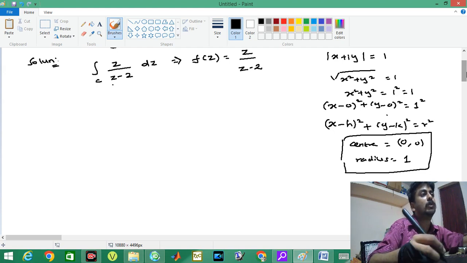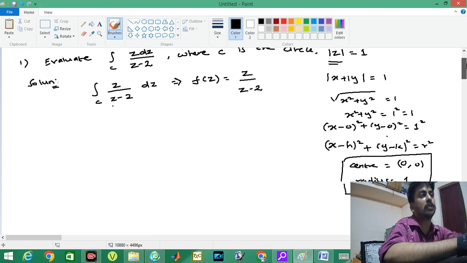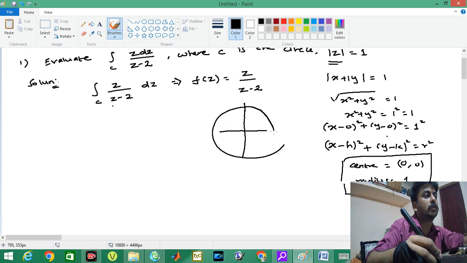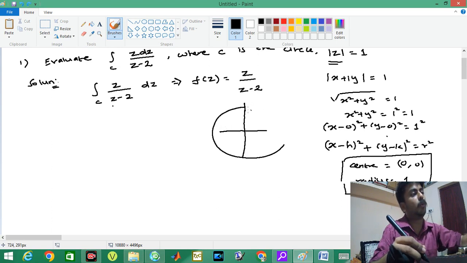So now I am going to draw this circle, modulus of z equal to 1. How to draw this circle? The circle has 0 comma 0 as the center and 1 as the radius.